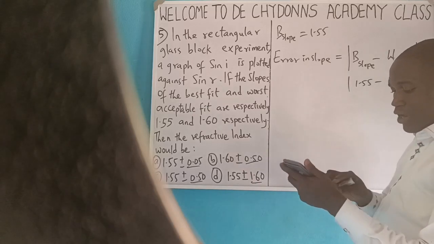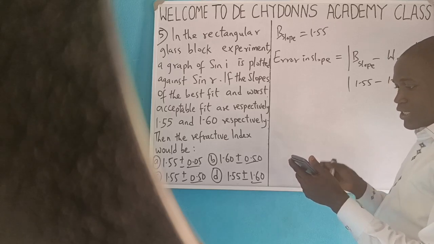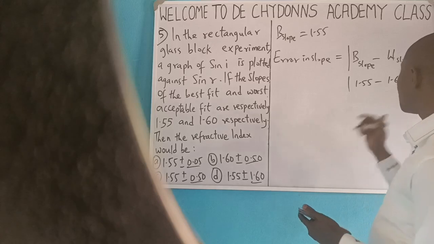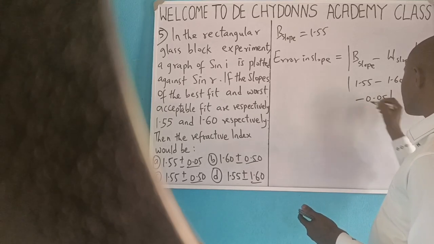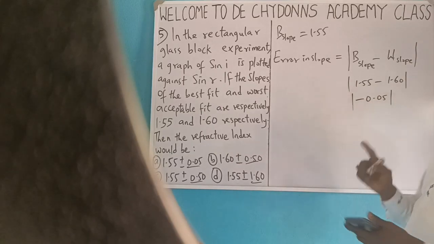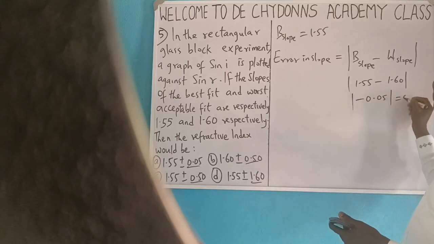So you use your calculator. 1.55 minus 1.6 will give you minus 0.05. Now, modulus of minus 0.05 means forget about this minus and write 0.05 to be the answer.